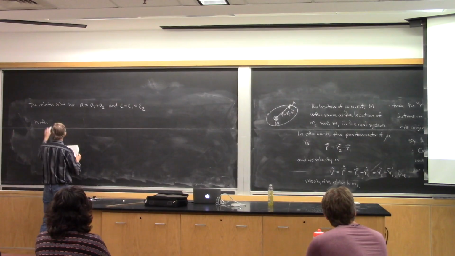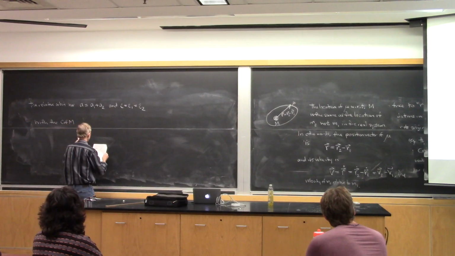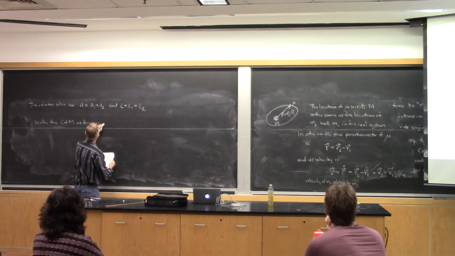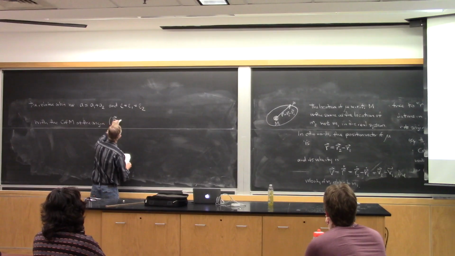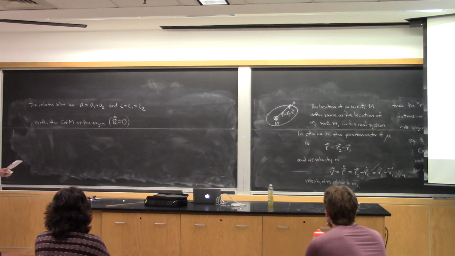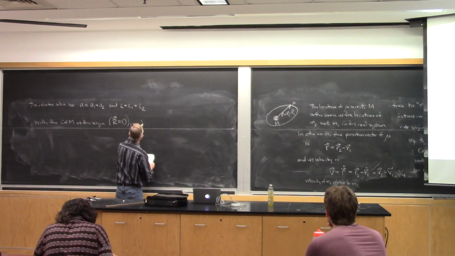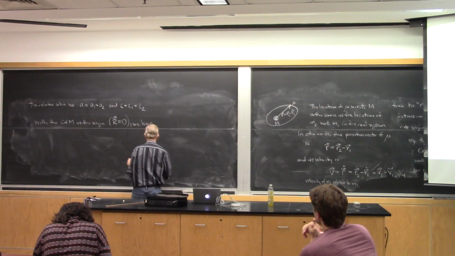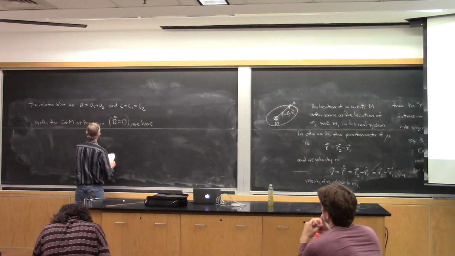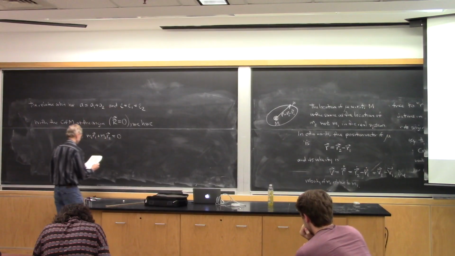With the C of M at the origin, so in other words, we're making capital R, that vector B0, by putting the center of mass at the origin, we have, like we said before, M1 R1 plus M2 R2 is equal to 0.